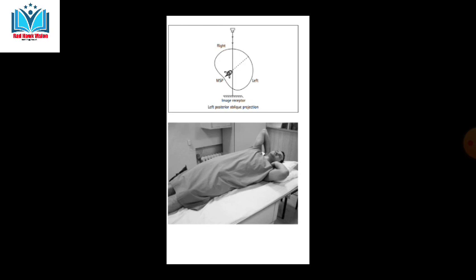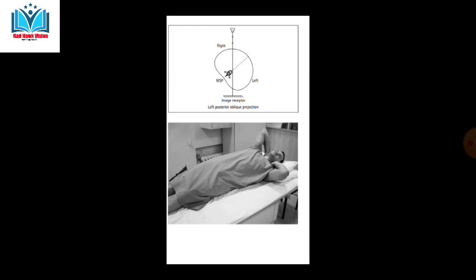Today we have talked about the limb position terminology, which are extension, flexion, abduction, adduction, pronation, supination. We have also talked about projection terminology, which are anterior projection, posterior anterior projection, lateral projection, oblique projection. And in the next video, we continue with the intro X-ray basics.